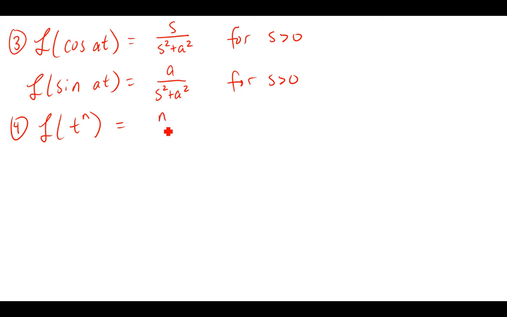You get n over s to the n plus 1. Ooh, is that a factorial? That might be a factorial. Okay, maybe don't hold me to this one. We'll look that one up on the chart. So that's probably also for positive n. I'd put an asterisk next to that. Double check when we look at the chart here.